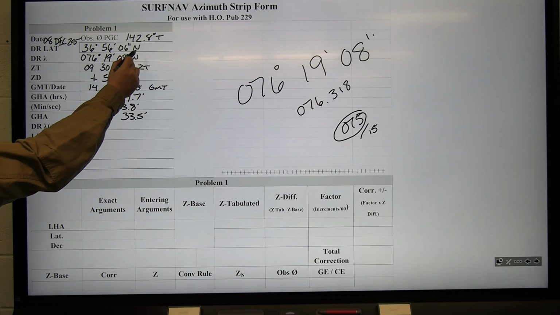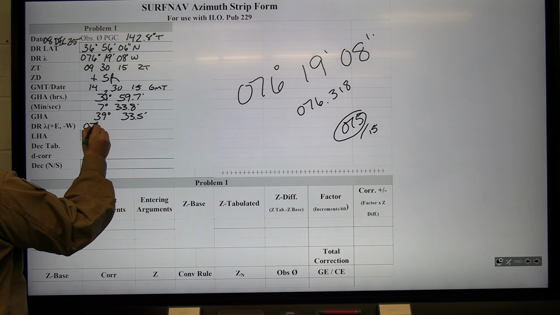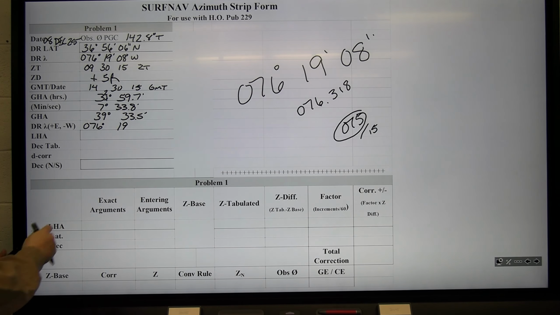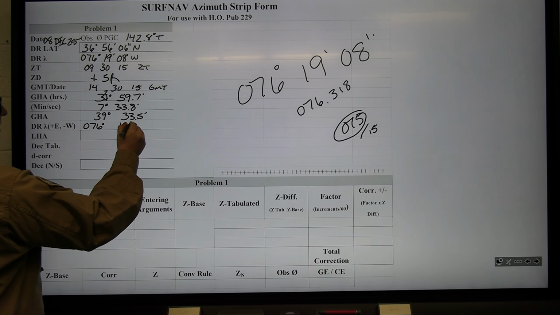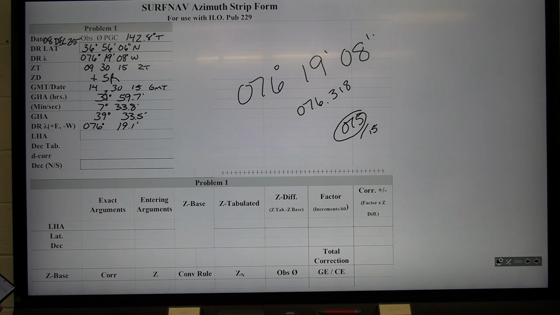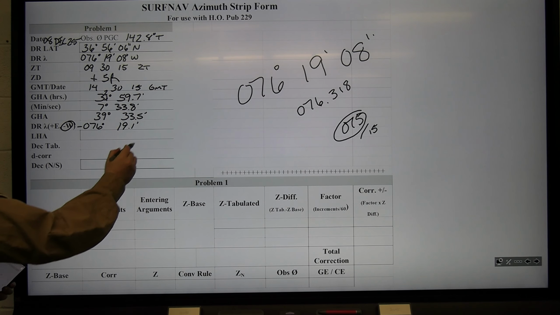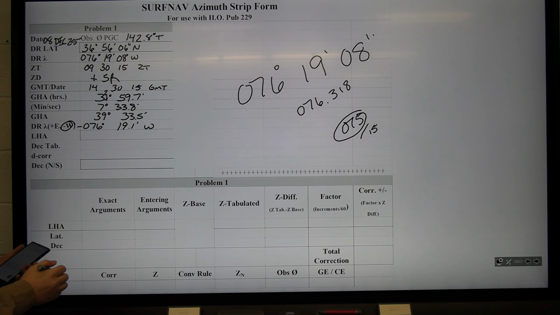So we're going to take our longitude, 076 degrees 19.08 minutes. We're going to convert that to 19.1 minutes real quick to make the math easier. We're going to subtract that based off being Western.